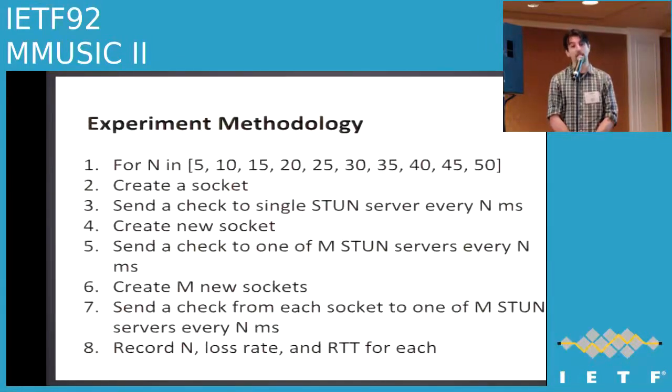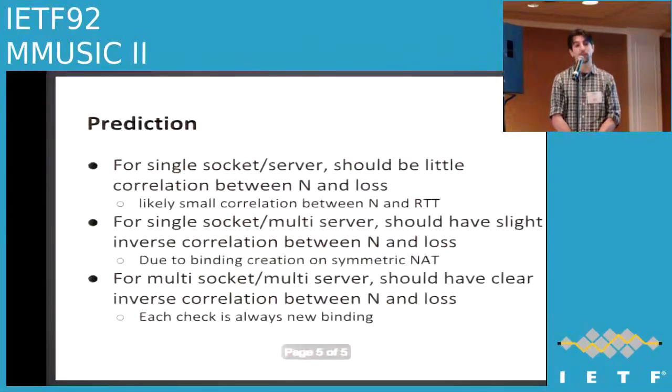And as one might expect, on the next slide, the checks from the same socket to the same server will not create any new bindings. The ones from the same socket to different servers may create new bindings, and the ones from different source ports will necessarily create new bindings.